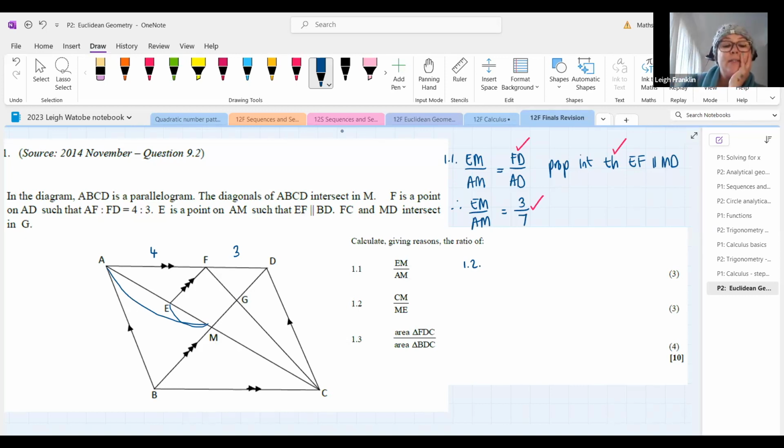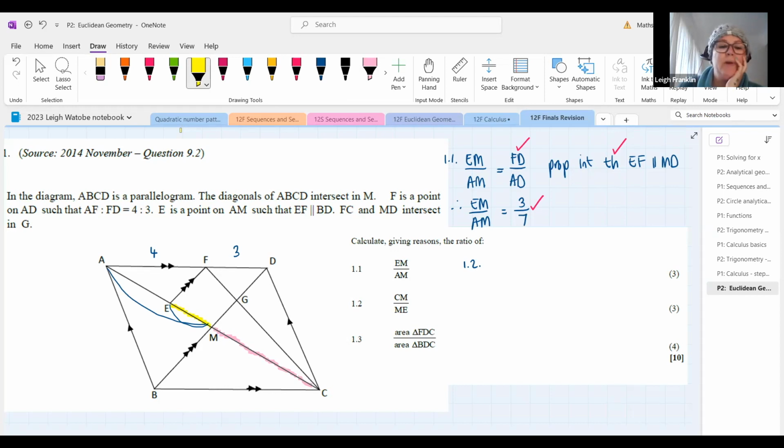Here they want CM over ME. So I'm just going to highlight that for you. Here is CM, and here is ME. What do we think now? CM over ME.